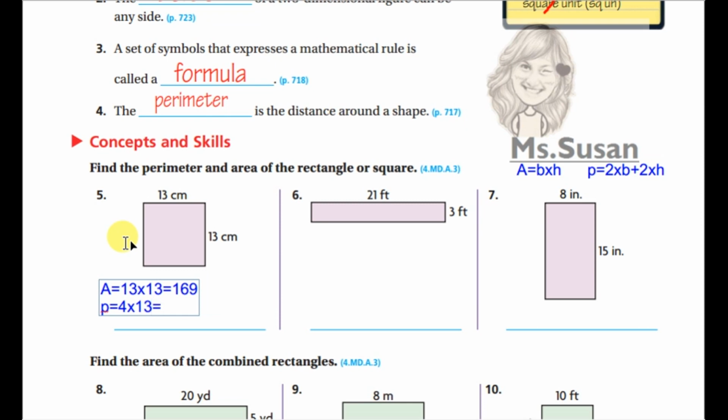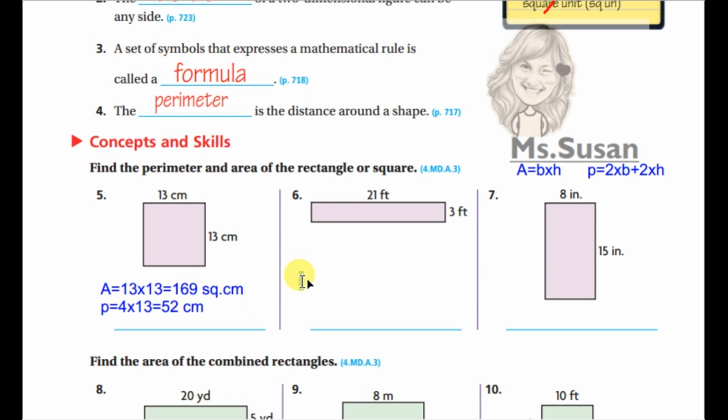So 4 times 13 will be 52. Oh, we forgot the units here. The unit here will be in centimeter, and the unit here will be square. Is it square unit or square centimeter? Square centimeter.